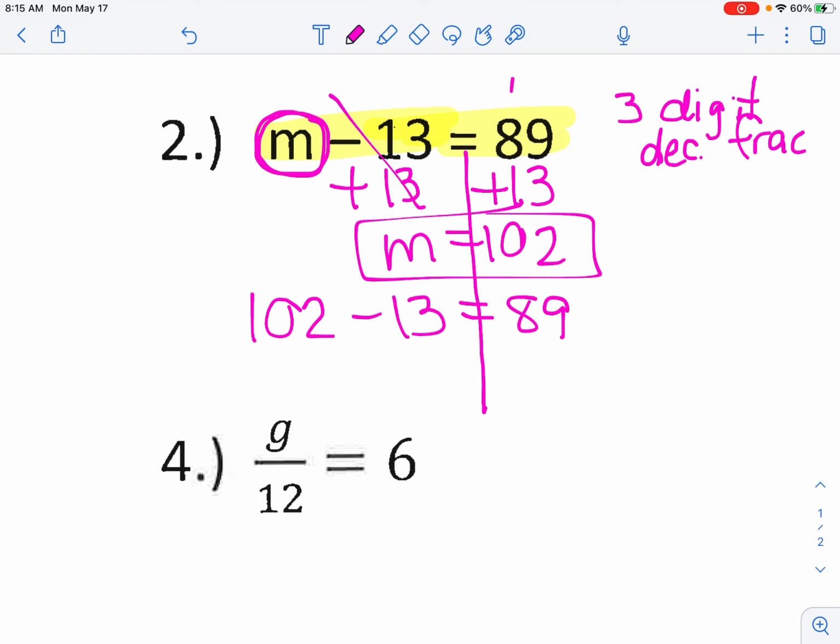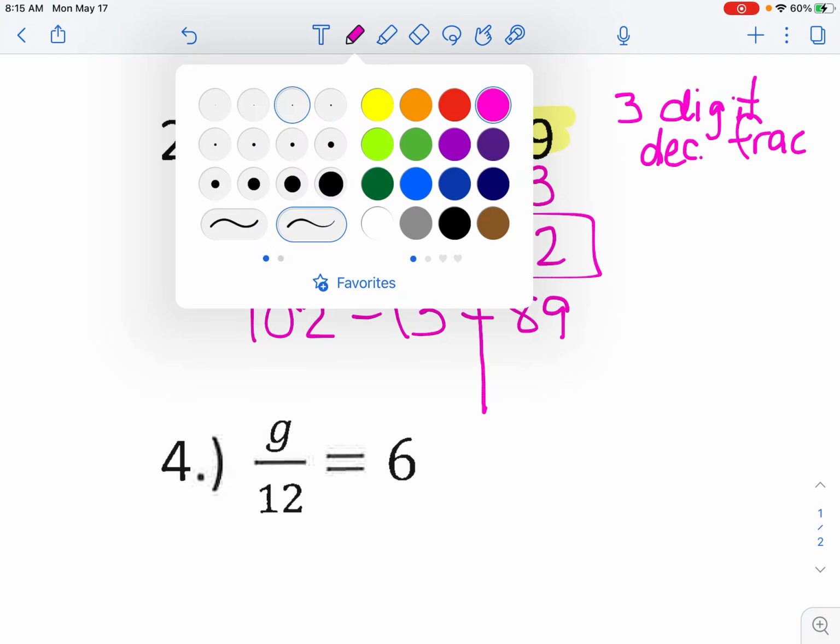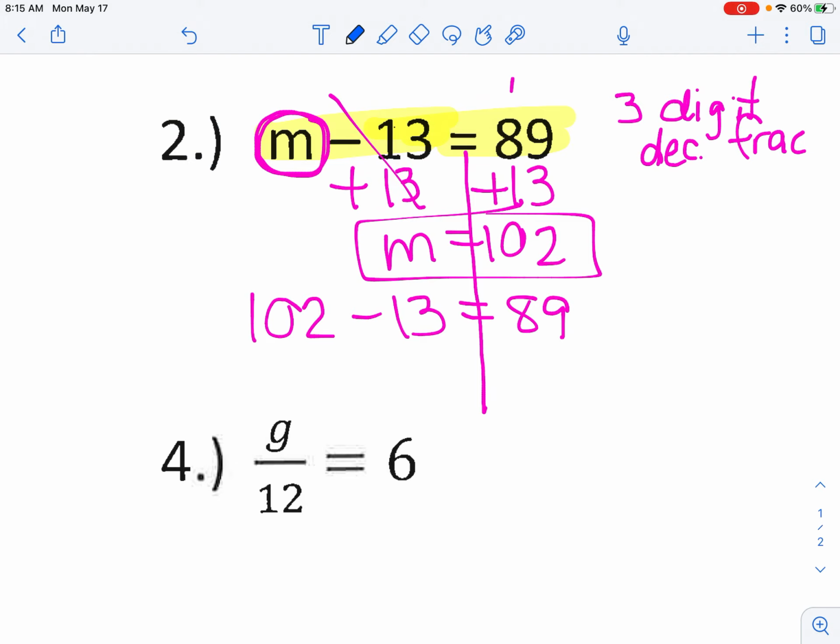If this was 10 minus 8 on the right side, I would not make you show your math. That's mental math. But if you have a 3-digit number, a decimal, or a fraction in your substitution, you have to show your work. So I'm going to change colors so you can see that is different from, so when it said show all work out to the side, this is what I meant by that.